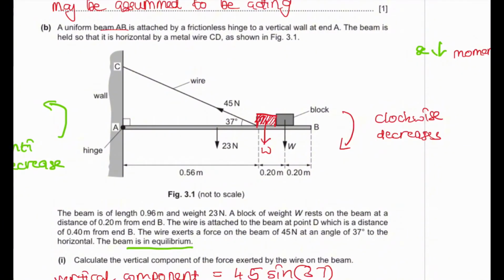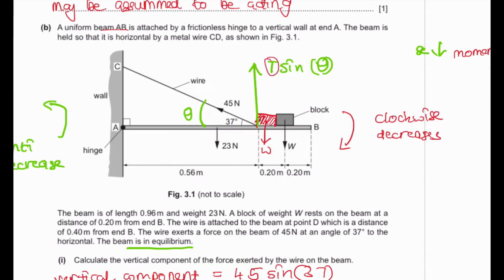But what causes the anti-clockwise force? If you look at this, it is this component alone, T sine theta, that is causing the anti-clockwise moment. If that is going to decrease, but we don't change this angle theta, then what has to change? It has to be this tension, right?